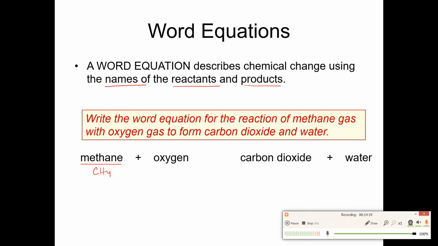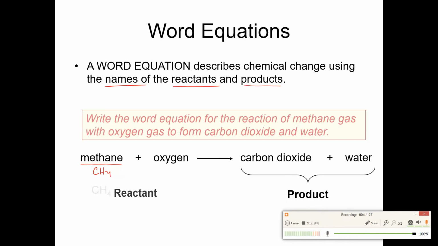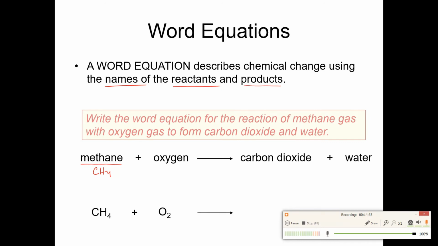This is called a word equation, but gradually these are replaced by symbolic representations: CH4 for methane, O2 for oxygen, which gives rise to CO2 for carbon dioxide and H2O for water.